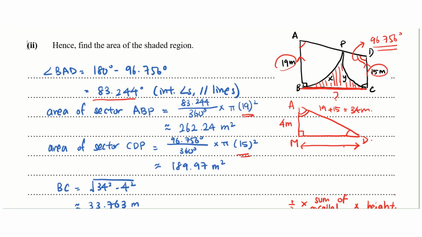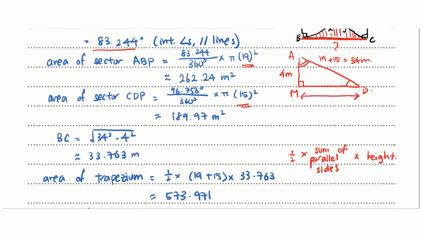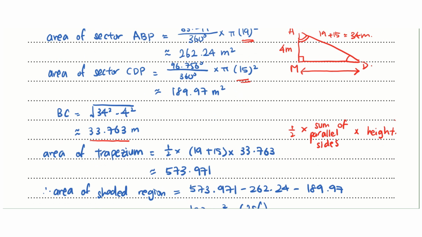Since this is a right angle triangle, we can use Pythagoras Theorem to actually find out what is the value of MD. So MD is actually the same as BC. Therefore we get 33.763 meters. Then piecing all this up, we will get the area of trapezium to be 573.971.